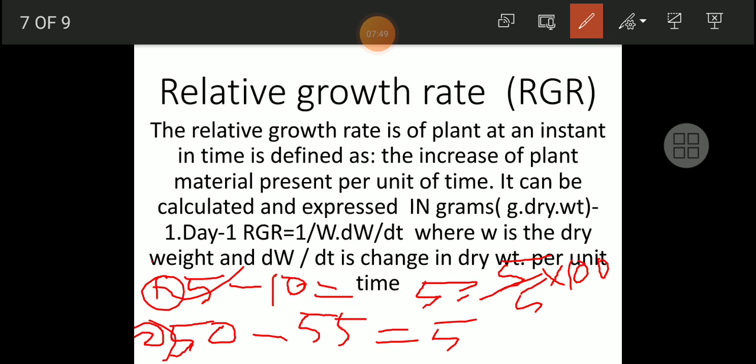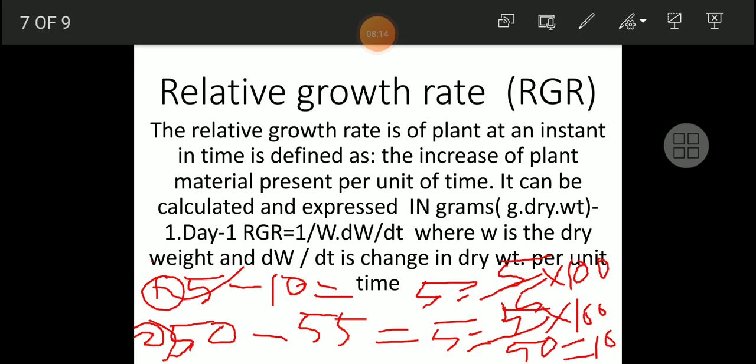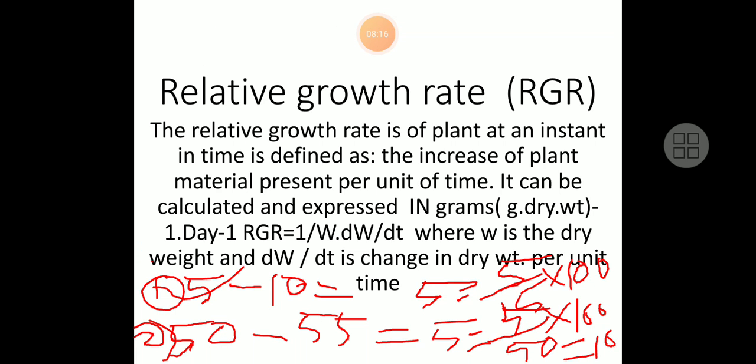Now the second leaf: 5 is the absolute growth rate divided by 50 centimeter initial, multiplied by 100, that is equal to only 10. So the second leaf has a relative growth rate of only 10. With this formula you have to compare the absolute growth rate and relative growth rate.